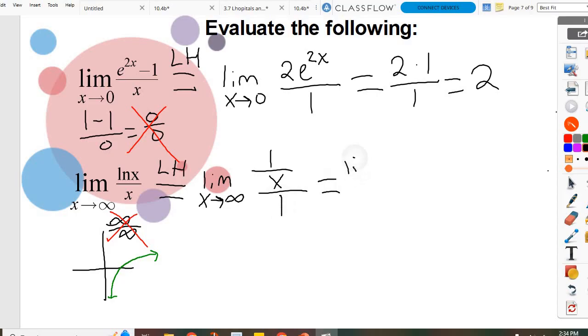So I get the limit as x goes to infinity of 1 over x. And what is the limit as x goes to infinity of 1 over x? 0. So remember, as my denominator is getting infinitely big, our entire fraction is going to get infinitely close to 0.